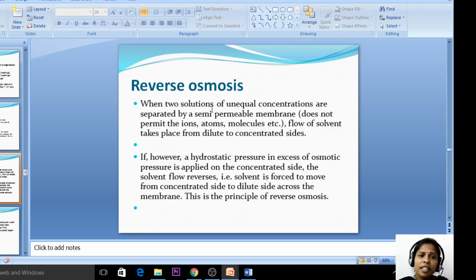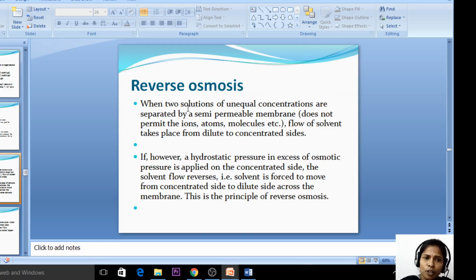But reverse osmosis is the reverse process of osmosis. That means the solvent particles will transfer from high concentration solution to low concentration solution through semi-permeable membrane. But as I said now, the reverse osmosis process is a non-spontaneous process and which occurs by applying pressure in the opposite direction.